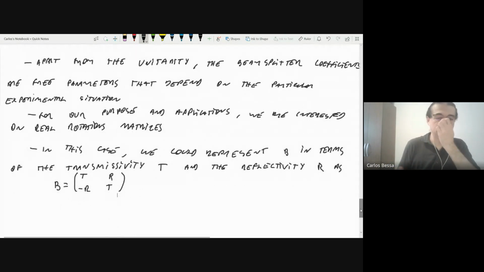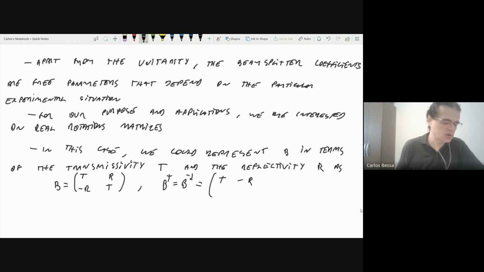We can define different references, different positions for T and R. And because they are unitary, B dagger should be the inverse of B. The inverse of this is just this, T minus R.